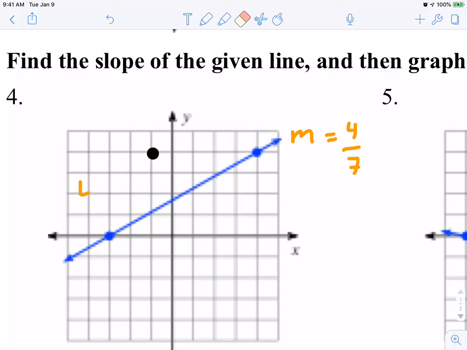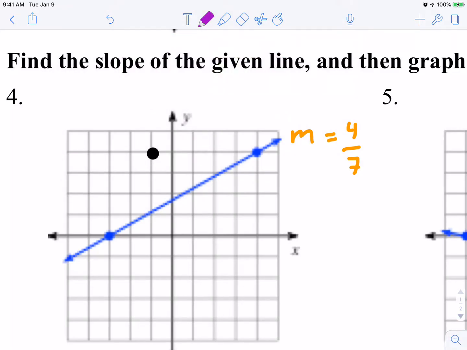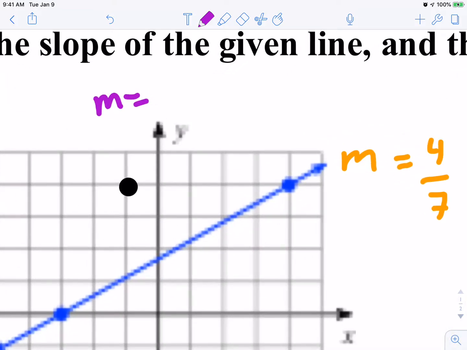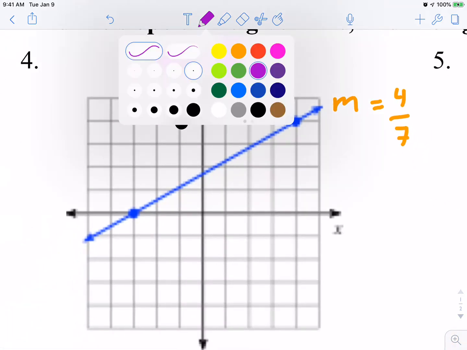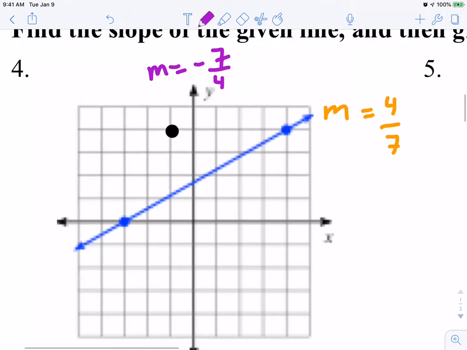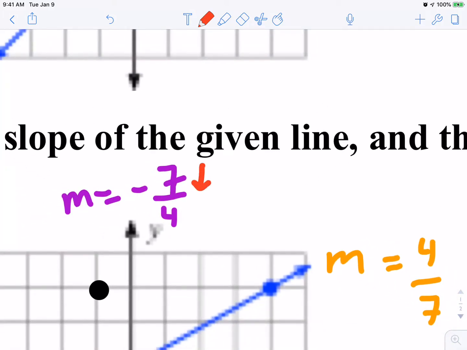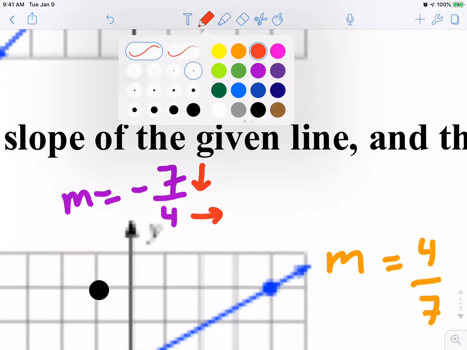Now the new slope that I need for the new line I'm going to draw needs to be flipped around. So it's negative 7 over 4. From this dot, I'm going to go down 7, and then go right 4.